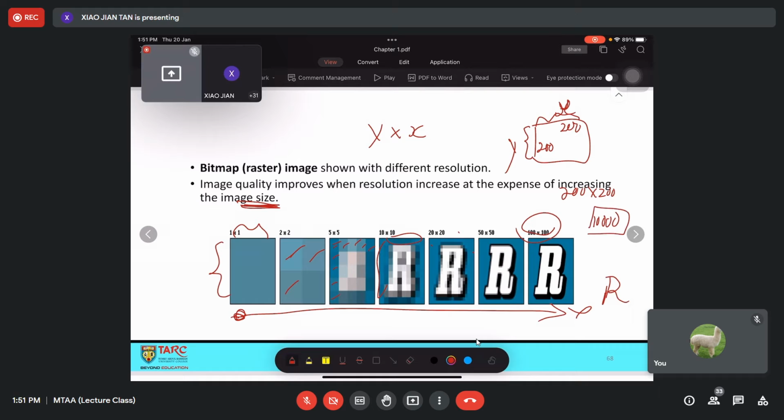You have 10,000 pixels to represent the entire image. But for this one, you only have 1 pixel to represent it. So this is increasing the number of pixels. The more pixels you have, the better you can display the details, using a better resolution and more and more pixels.